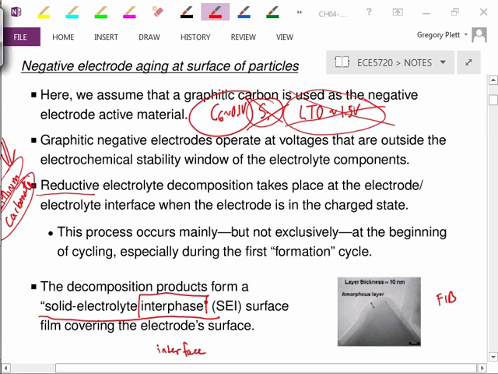And if your image quality is okay, you'll notice that is the interior of the particle here, and then on the surface of a particle we have this layer that was formed, and this layer here is the SEI, the solid electrolyte interphase. And in this picture, that's about a 10 nanometer thickness.